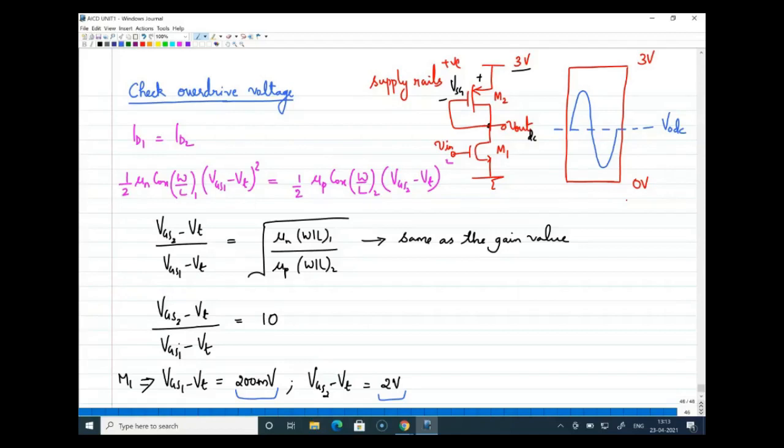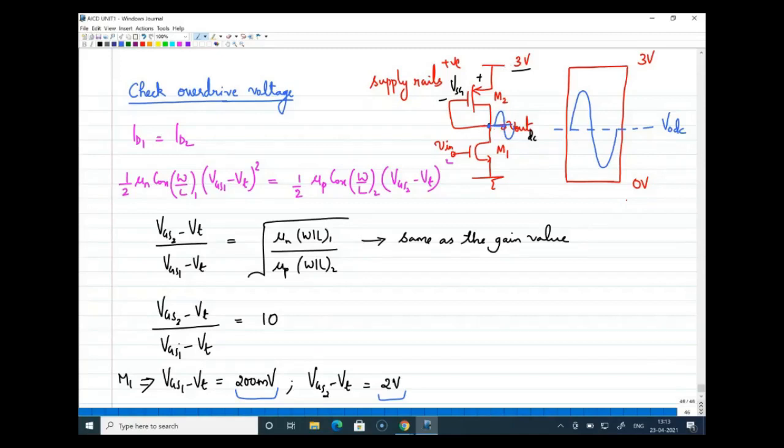So this is your circuit and this is the output node, and VODC is the output DC, and your signal output voltage will be swinging like this. But from this node, if the output is swinging, can this voltage go up to 3 volt?